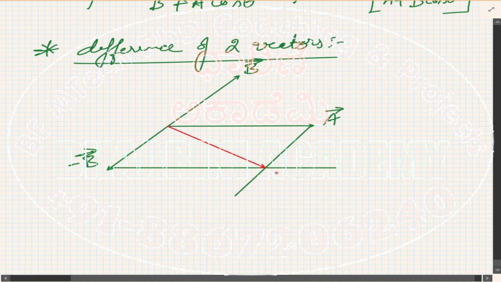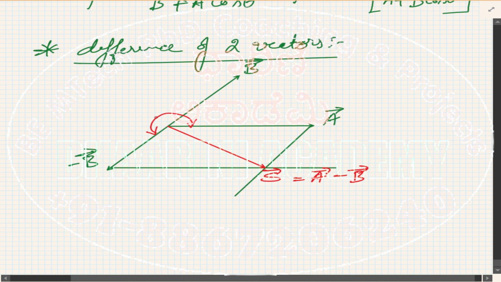Let me denote this as S, right? So vector S is vector A minus vector B. So here also we can apply the same rule. That is, now what is the angle between A and minus B? See this angle, right?